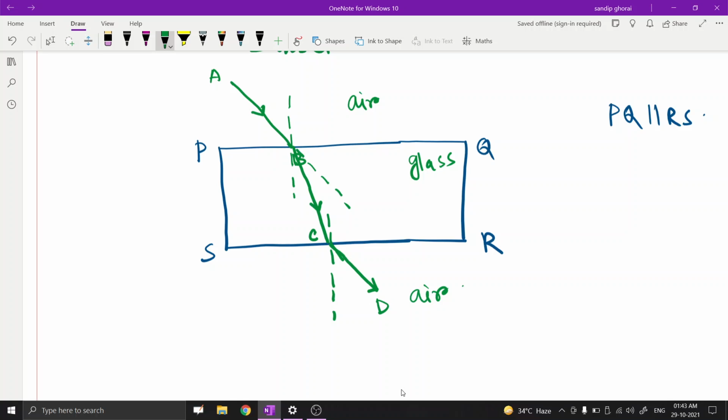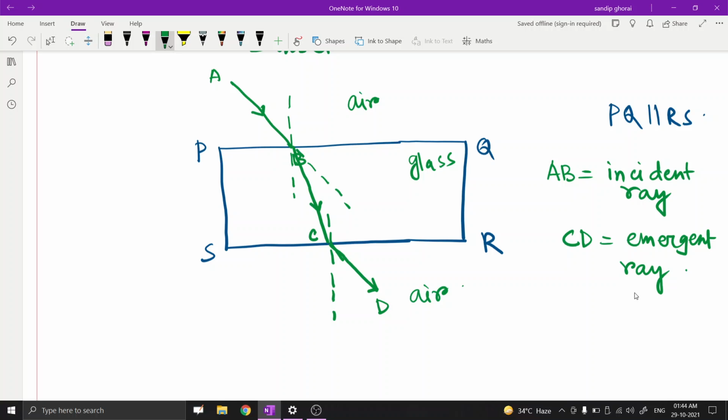So we take AB as the incident ray, CD as the emergent ray, and BC as the refracted ray.